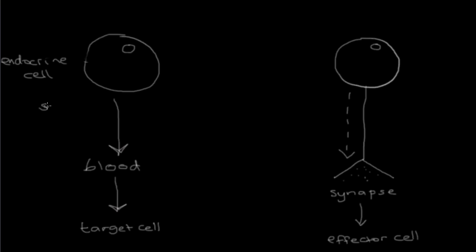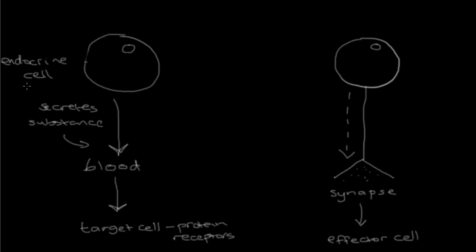So it secretes a substance which then goes into the blood. And the blood then transports the substance and takes it to the target cell. And the target cell has protein receptors on it to whichever substance has been secreted by this cell up here, which then elicits a response.